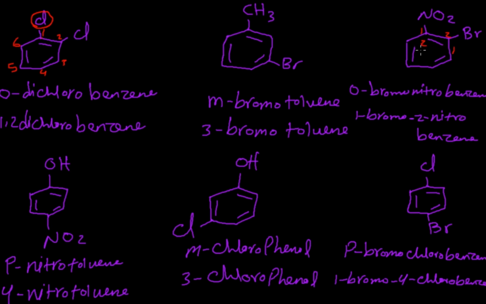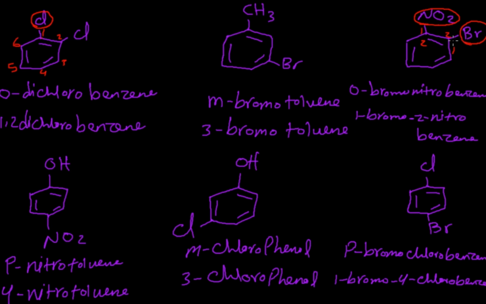You can only decide if you know your parent compound. Your parent compound here is benzene, and you have two substituents, bromine and nitro group. The bromine atom comes first alphabetically, then the nitro group. So this compound can be called 1-bromo-2-nitrobenzene.